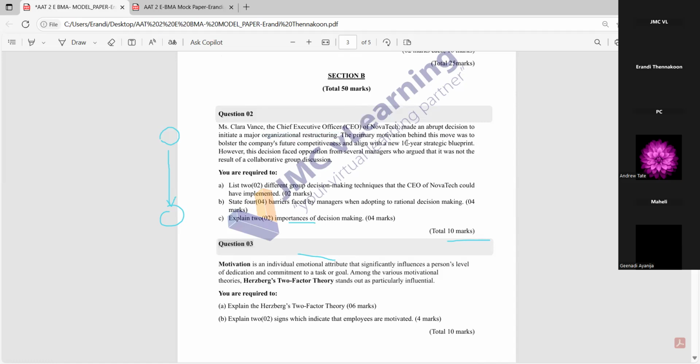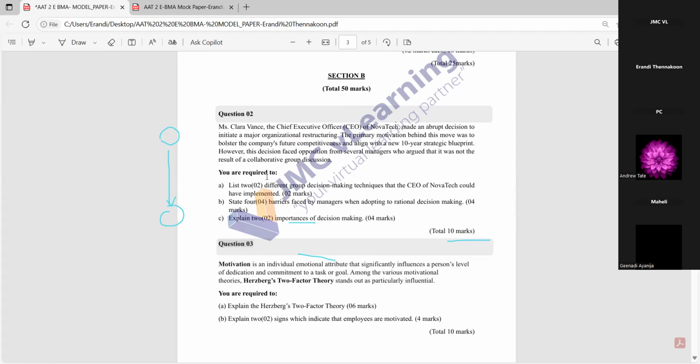The primary motivation behind this move was to bolster the company's future competitiveness and align with a new 10-year strategic blueprint. However, this decision faced opposition from several managers who argued that it was not the result of collaborative group discussion. It's a bit like Greek, isn't it?